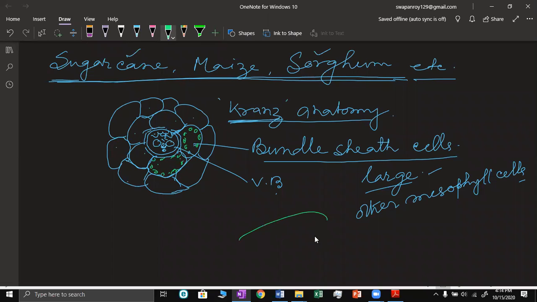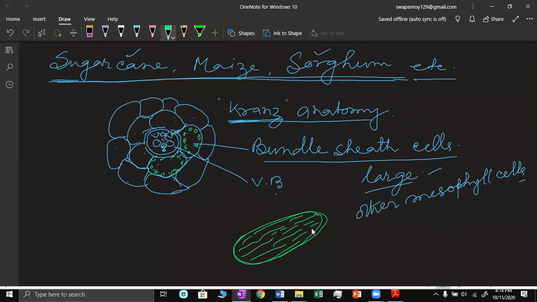In this chloroplast, grana is not developed. The thylakoid membranes are not organized into grana, so grana is less and the stroma portion is main.